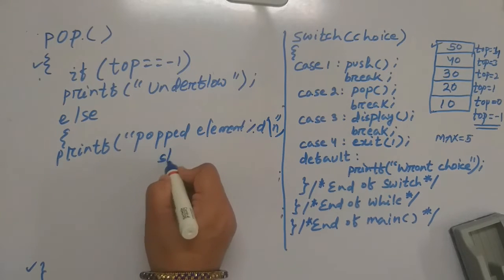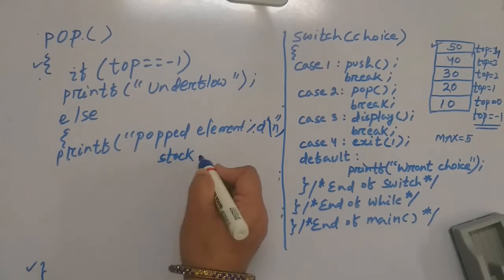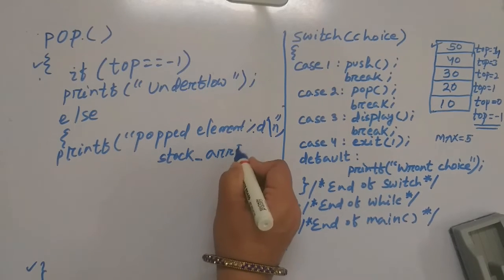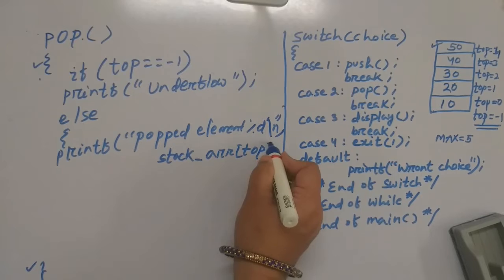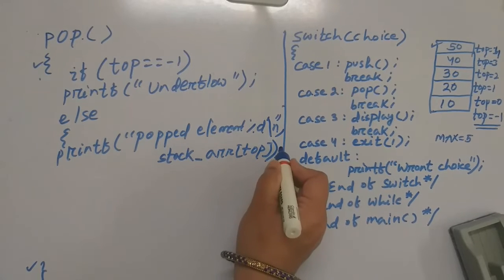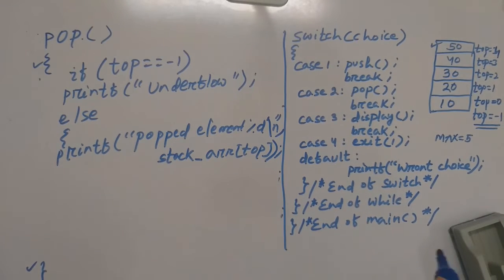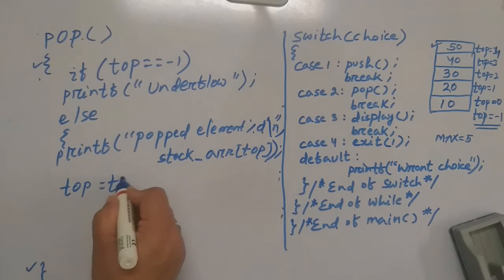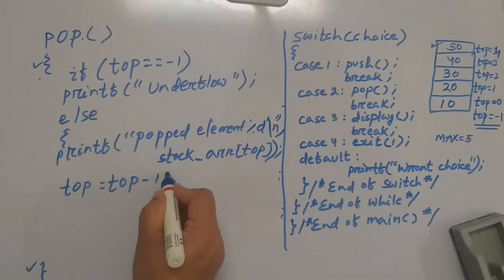Here we write down stack array top item. Whichever is the top item, we pop that top item. That's why it is written like this, and top equal to top minus 1.